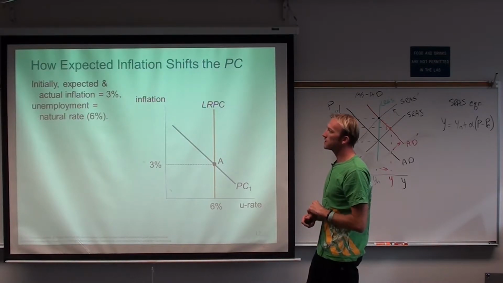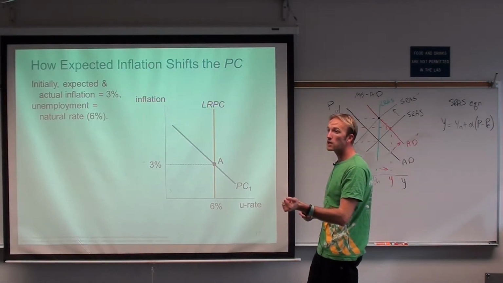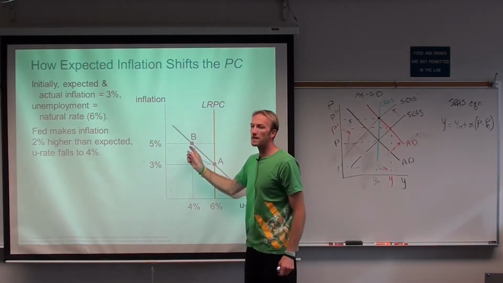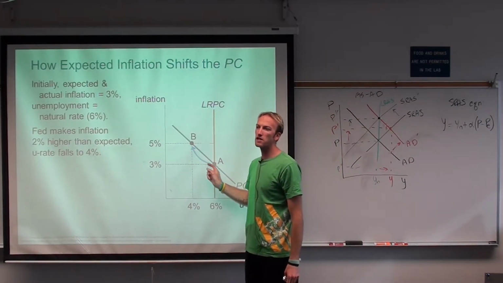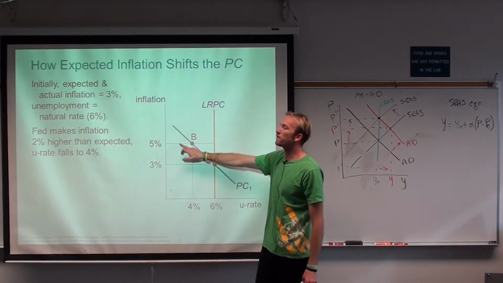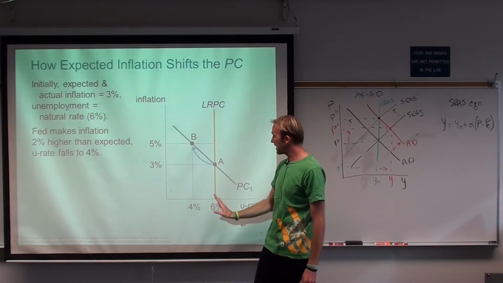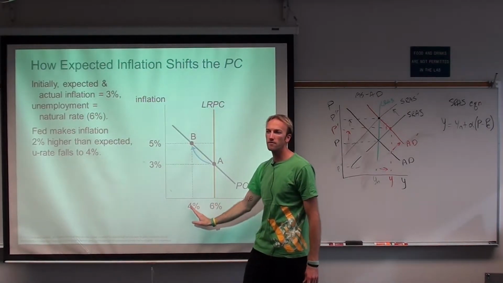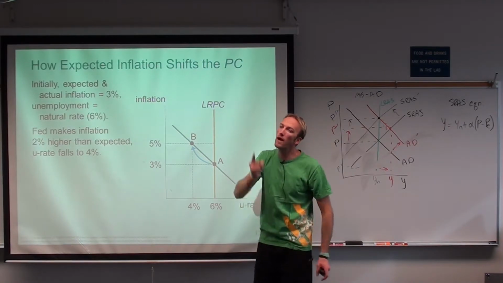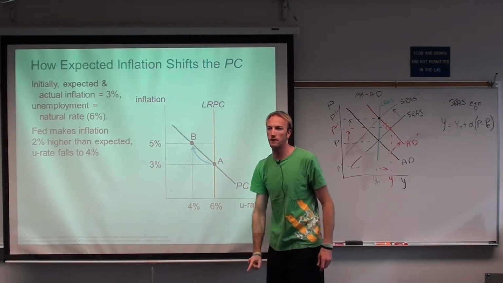In the short run, boom, I pump up my AD curve and have some inflation, and I catch people off guard, right? I make inflation 5%, so it's 2% higher than expected, which means that my unemployment rate is going to fall, right? Yay, I'm on the short run Phillips curve. But what do I know is for sure going to happen in the long run?